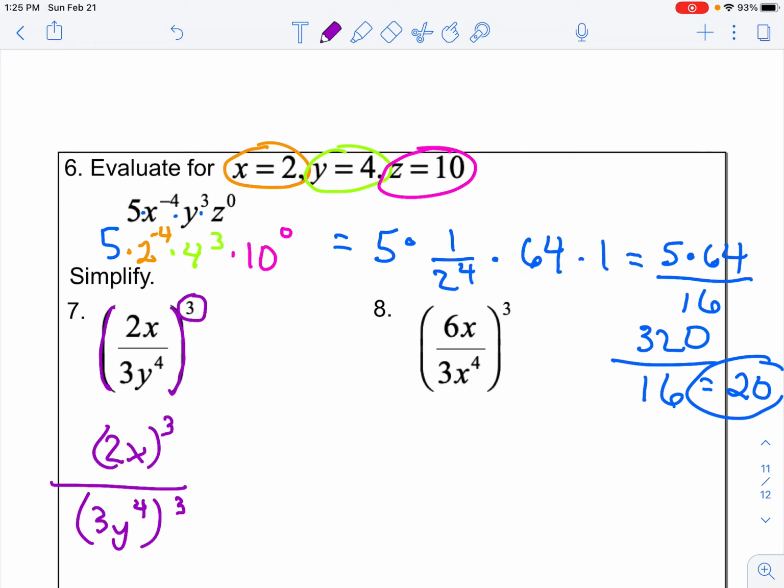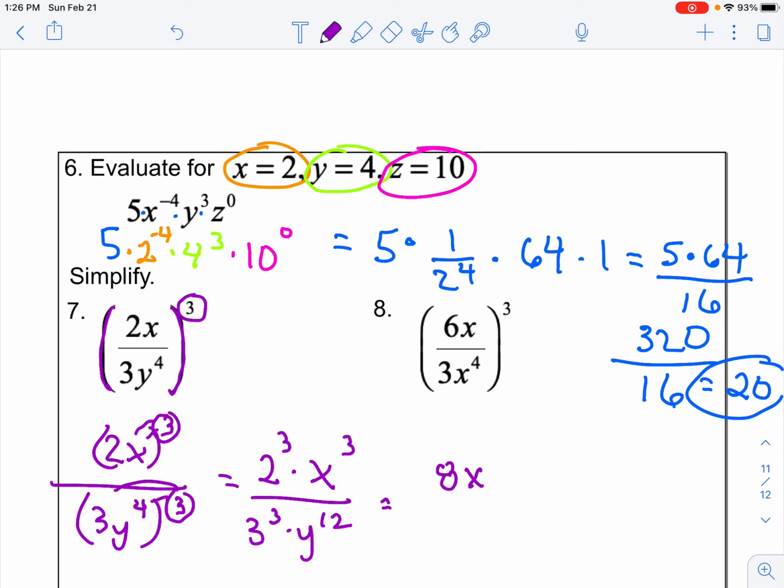Sometimes writing that intermediate step can be helpful, but you don't need to. And now what you're going to do is distribute that raised to the third power. And this is going to become 2 to the third power times x to the third power over, again distributing that 3 to each of those, 3 to the third power times y to the 4 times 3, 12th power.